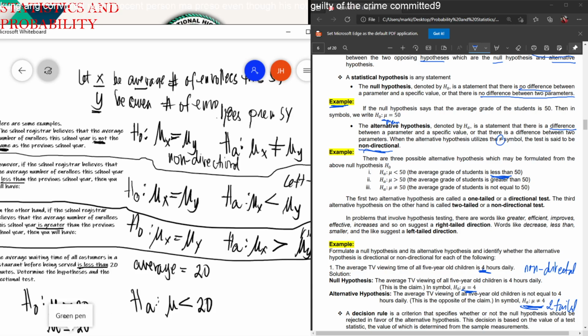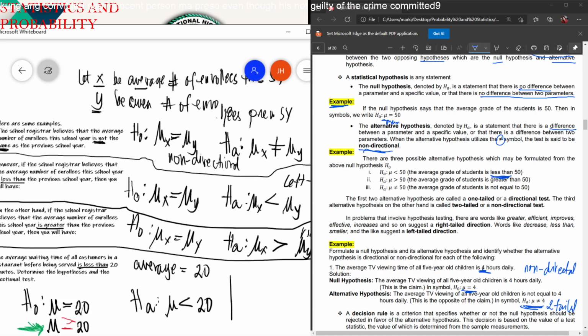We cannot use less than here. In our second option, yes, you can write this as your null hypothesis as long as there is an equal sign. Yes, there is an equal sign here. There should be an equal sign before you can use that one. So again, this can be your null hypothesis, the opposite of your alternative hypothesis.